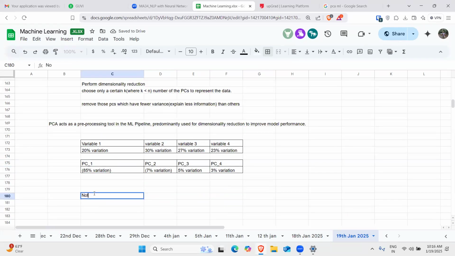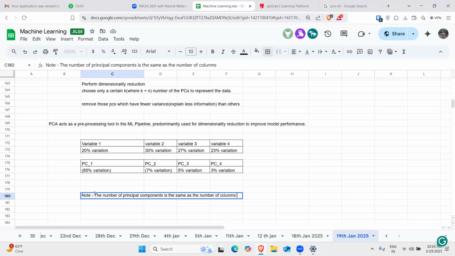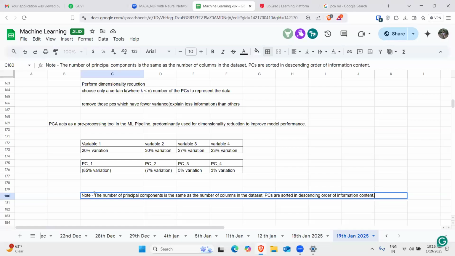Now, just add this note. The number of principal components is the same as the number of columns in the dataset. That is, PCs are sorted in descending order of information content.